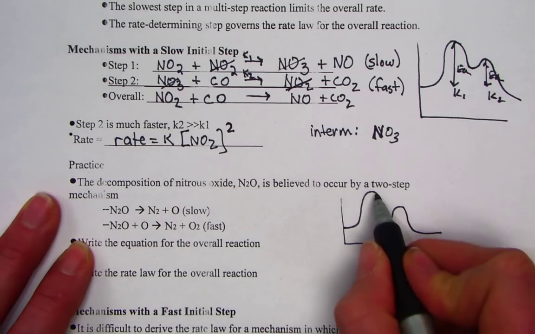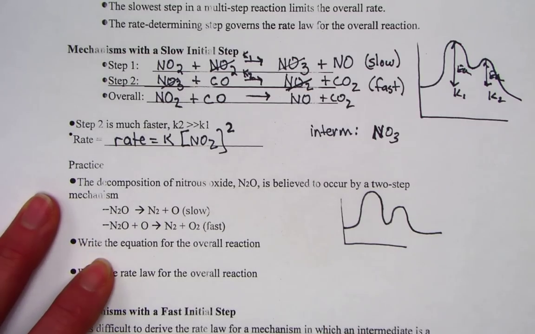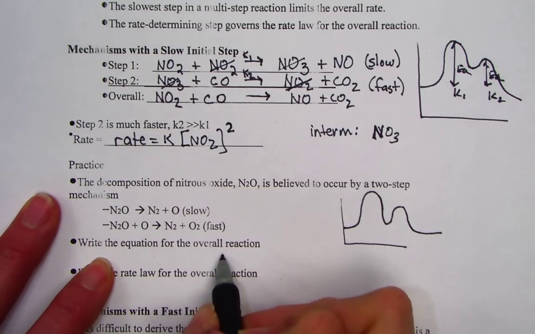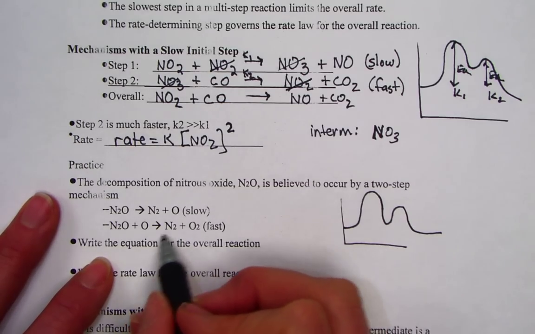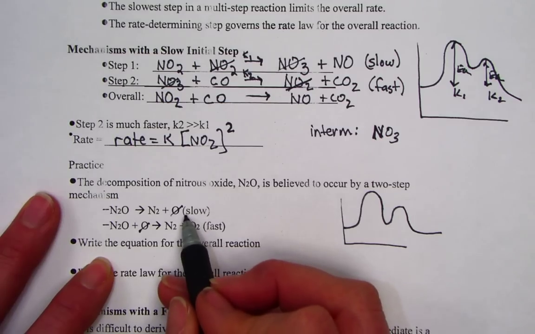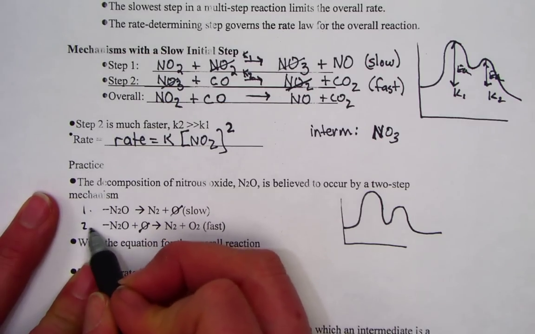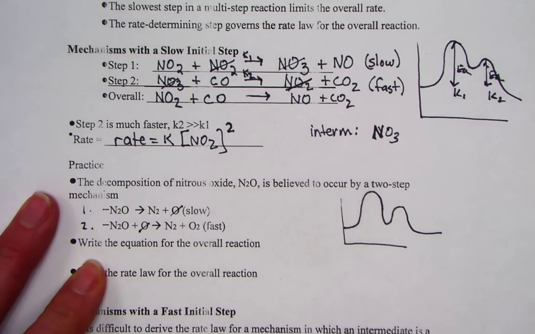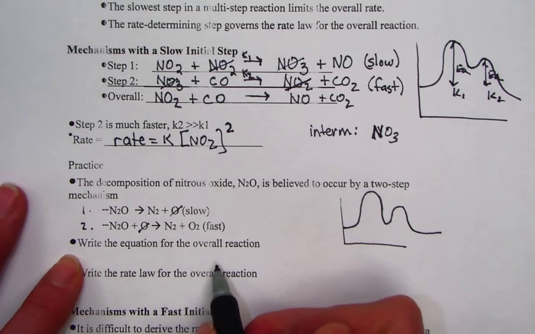The slowest step determines the rate law. The overall equation is found just by simplifying any intermediates that were formed and then used up. I'm noticing that O was produced in the first elementary reaction and then used in the second. Looks like that's all I'm seeing that can simplify.